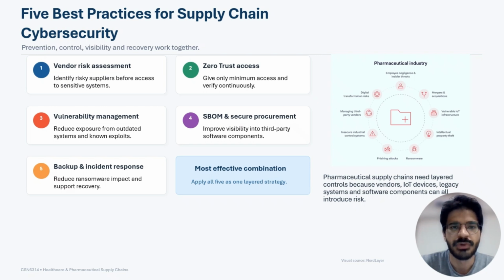The third is vulnerability management, which reduces exposure from known vulnerabilities, especially in legacy and IoT systems. The fourth is SBOM and secure procurement, which improves software transparency. And lastly is backup and incident response planning, which supports recovery from ransomware.